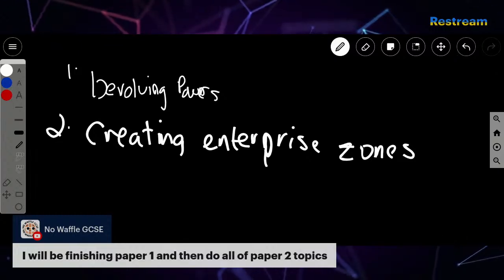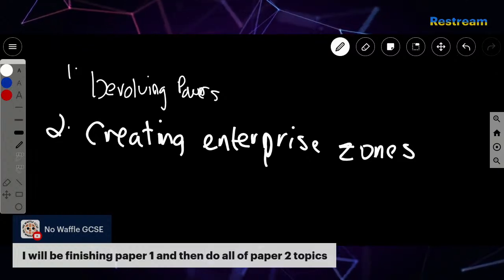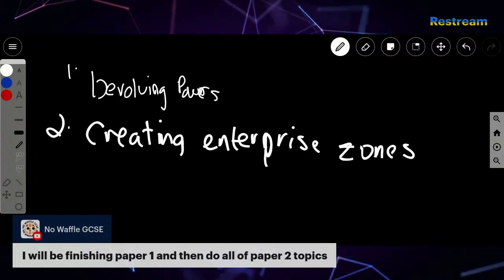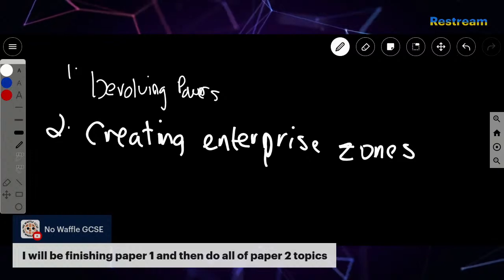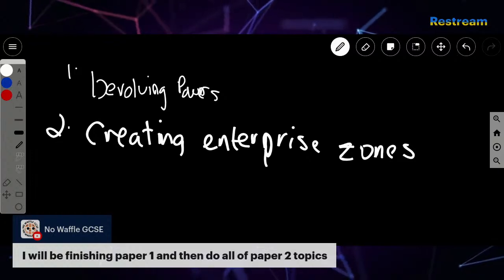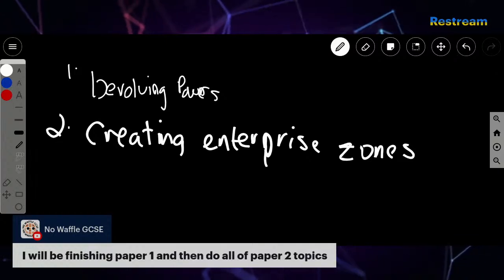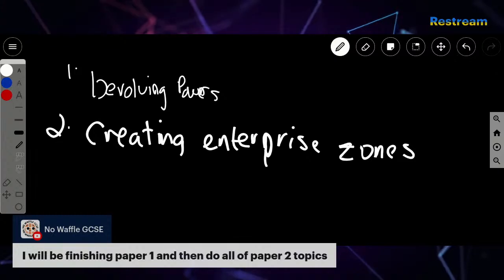In return, the government gives them reduced taxes, simpler planning rules, financial benefits, and things like that. So they're basically bribing big companies to move to these rural areas so that more people can get jobs there. An example of this was the Sheffield City Region Enterprise Zone in 2011, but I'm not going to go over that just now.